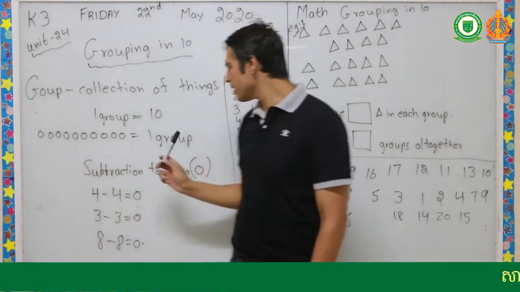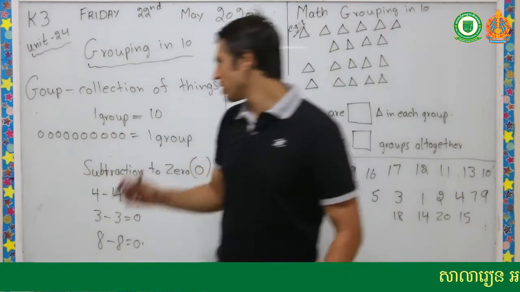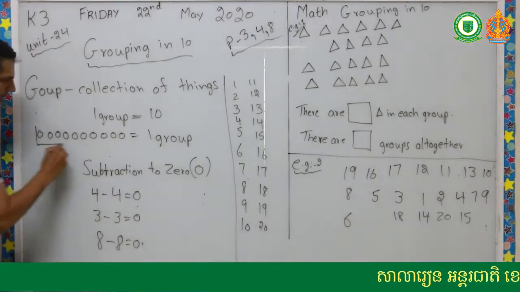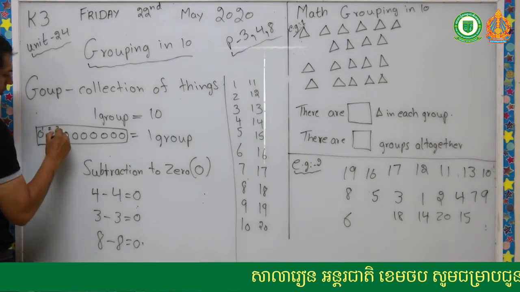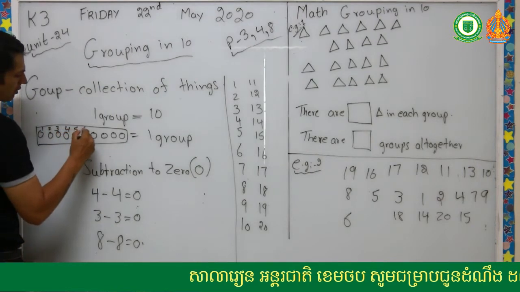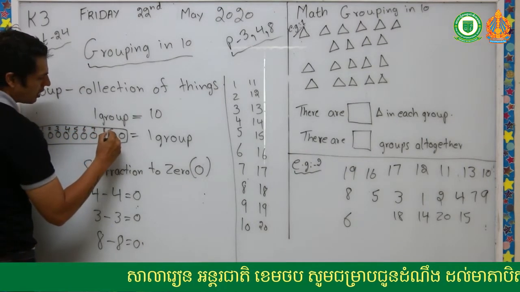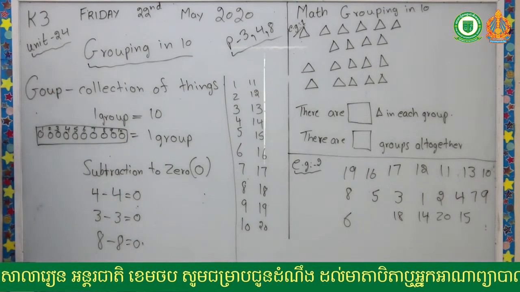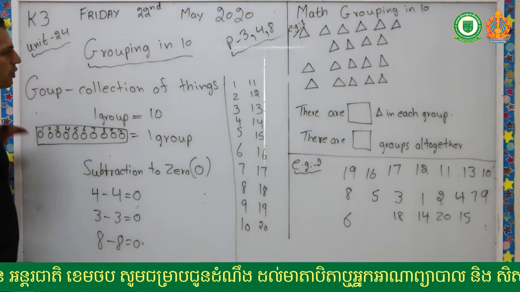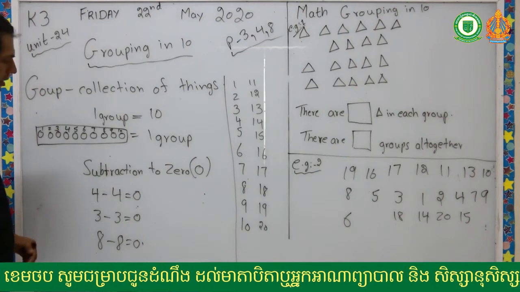So 10 circles, one group. That's how you do grouping in tens.